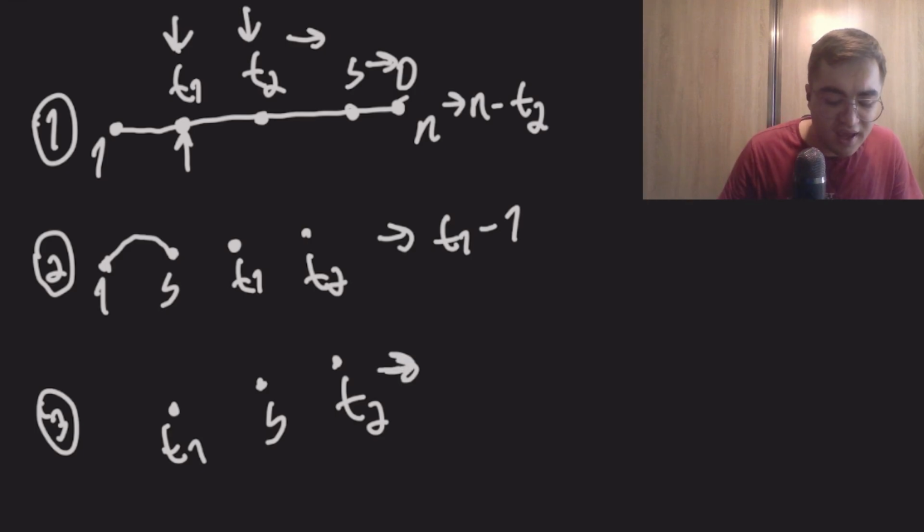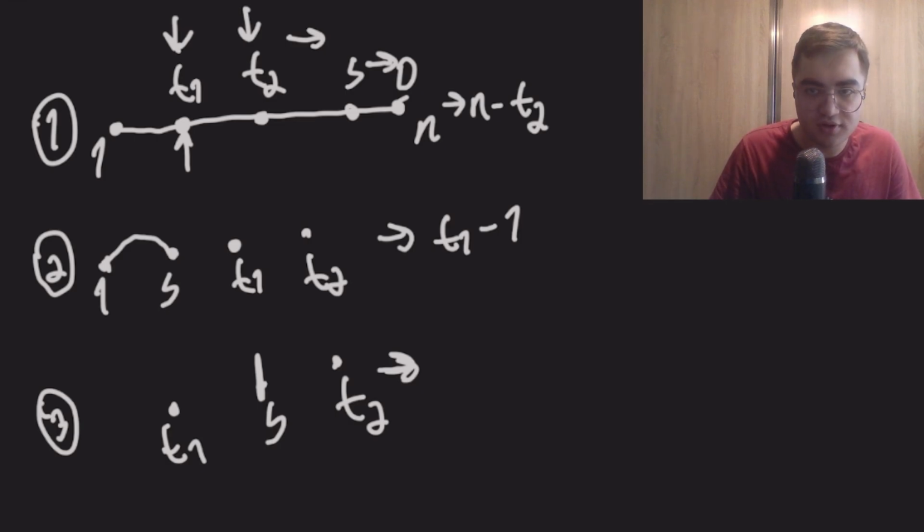Okay, so in this case, what we can actually do is consider the middle cell. More formally, let's consider the cell (teacher 1 plus teacher 2) divided by 2, the cell that is in the middle of them, right?